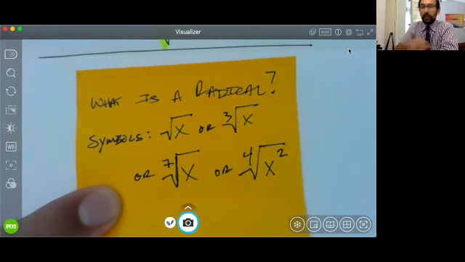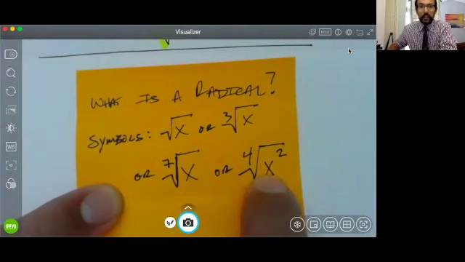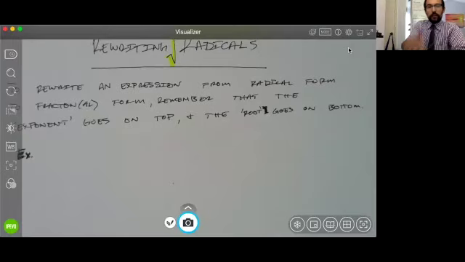How can I rewrite something like this so that instead of in radical form, I have it in a different form? In your math careers, you're going to see that it is often very convenient to rewrite a radical in exponent form, and you'll see why today.